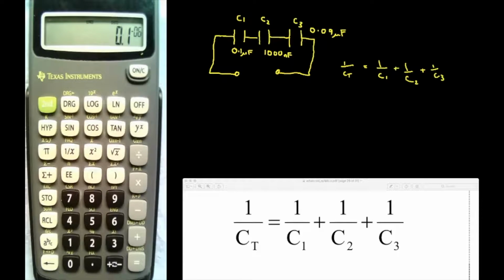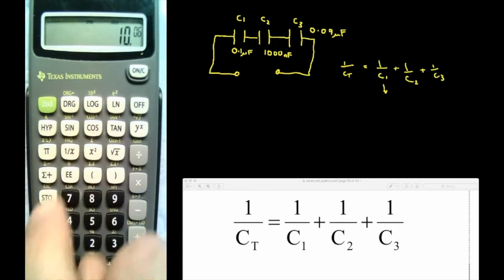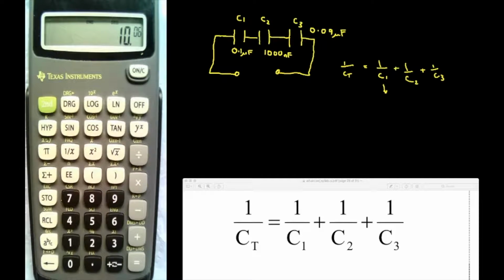So I put C1 in and I want the reciprocal of that, I want 1 over C1. So now I press the reciprocal button and I've got 10 times 10 to the 6th in the display.